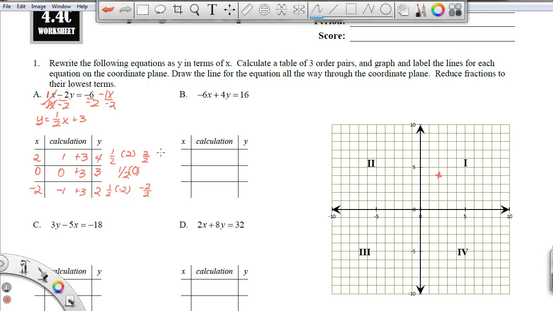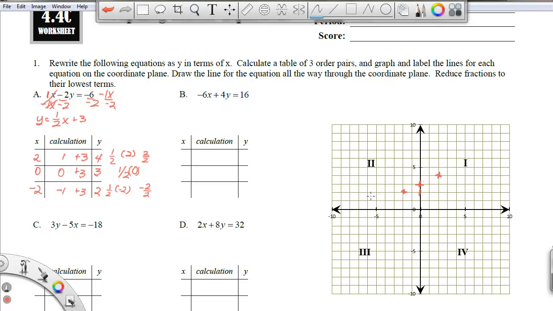So there's that point. Now I've got 0 on the x and 3 on the y. So there's that point. I haven't done a very good job drawing that one in. Let me start that one over. So that should be a positive 3 up here, sorry. And now I've got a negative 2 and 2. So a negative 2 and up 2.